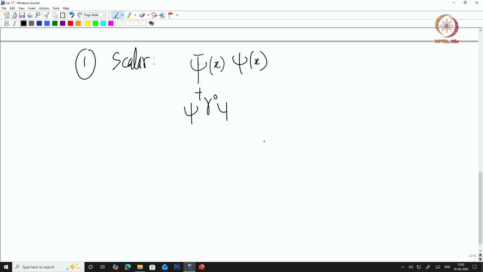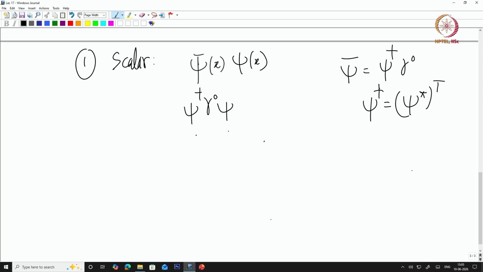So the gamma 0 matrix appears here, and this is how you define psi bar essentially. Psi bar is equal to psi dagger gamma 0, and psi dagger is nothing but psi star whole transpose.